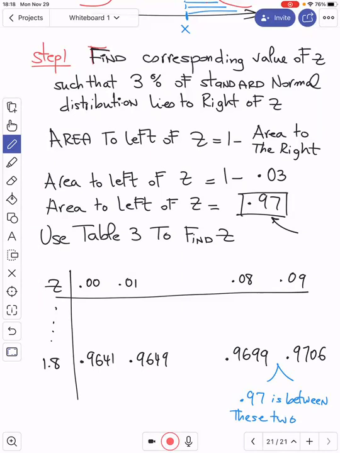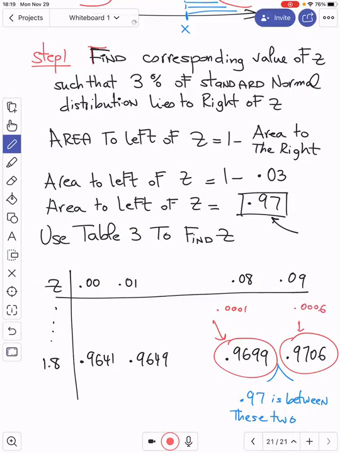Now, which one is closer to 0.97? Any guess between 9699 and 9706? The difference between 0.97 and 0.9699 is 0.0001, and the difference between 0.97 and 0.9706 is 0.0006.